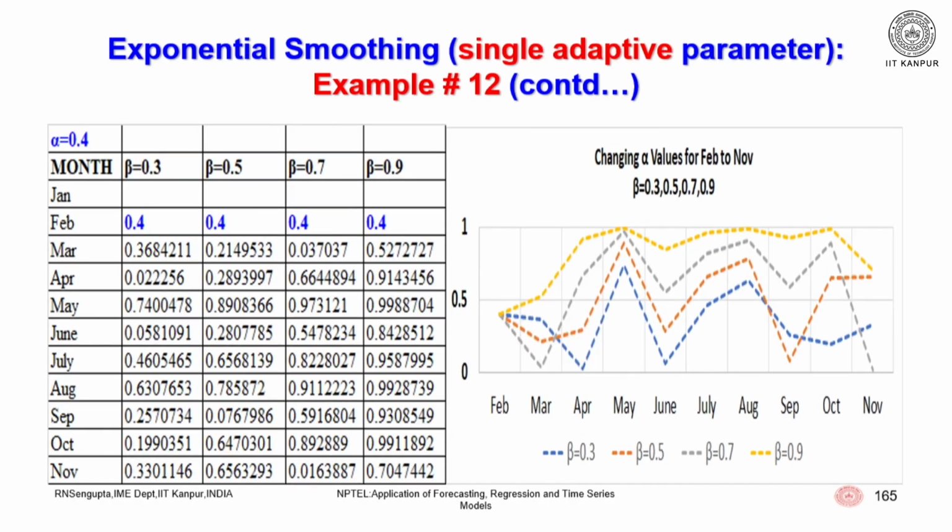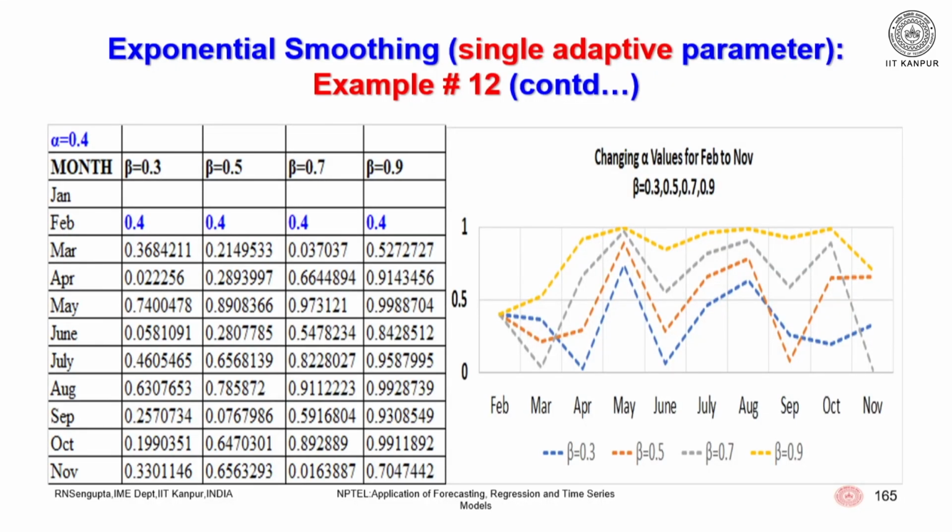Similarly, in this graph, considering the starting value of alpha is 0.4, beta again 0.3, 0.5, 0.7, 0.9, I plot the graphs for the changing values of alpha. The same coloring scheme has been kept, which is blue, dark red, gray and orange, corresponding to 0.3, 0.5, 0.7 and 0.9 of beta.